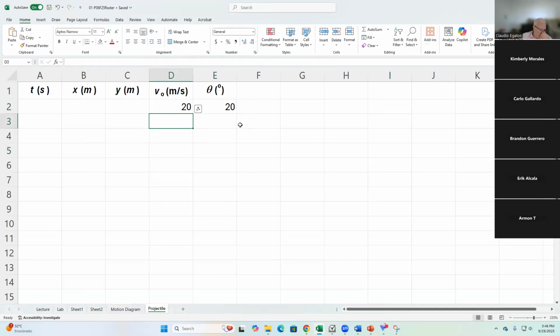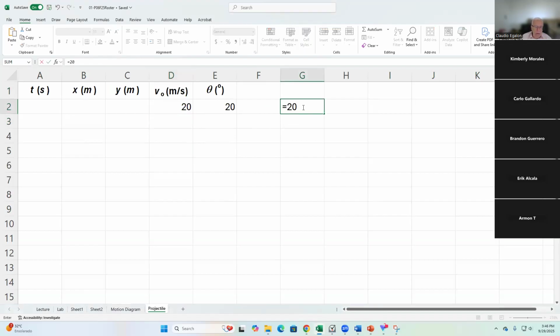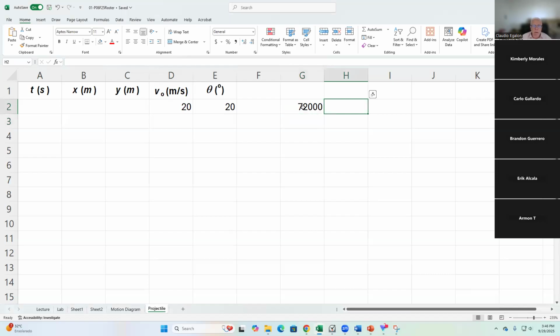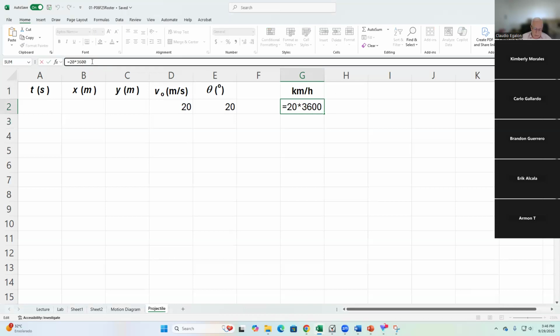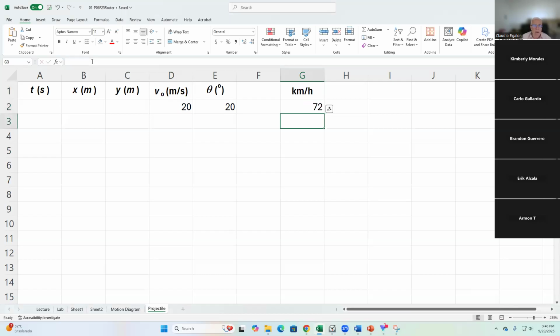20 meters per second times 3,600 is going to be 72 kilometers per hour. Not bad. 72 kilometers per hour is approximately how many miles? Kilometers per hour, 20 times 3,600 divided by 1,000, right?